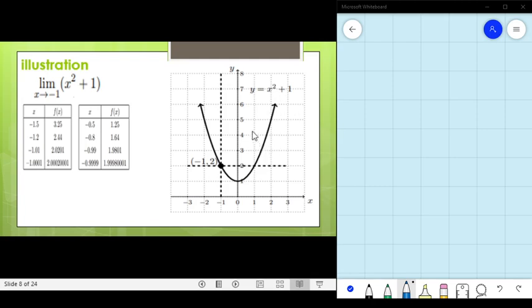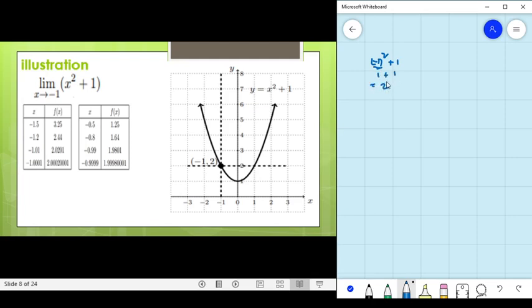if we are going to substitute x in the equation with negative 1, we have negative 1 squared plus 1. So negative 1 squared is 1, plus 1. That will give us the value of 2. So when x is negative 1, the value of y is 2.